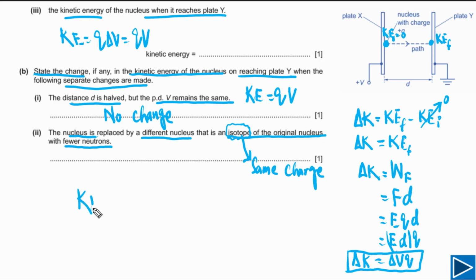Again, kinetic energy is equal to Q times delta V. For this part, we only change the nucleus. The distance is the same, the potential difference between plates is the same, and the charge on the nucleus is also the same. So again there is no change in kinetic energy when this nucleus reaches plate Y, because Q is the same and delta V is the same.